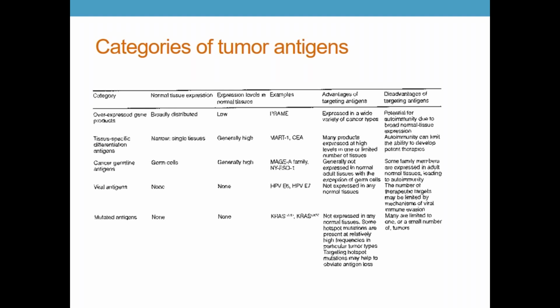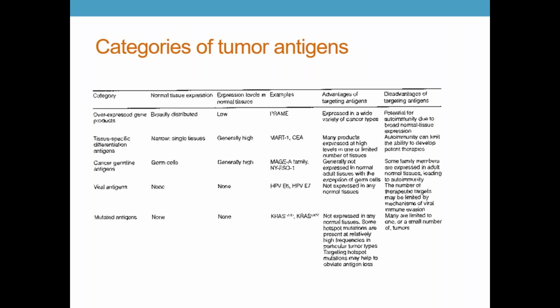You then can have cancer germline antigens. These are proteins that are presented on cancers because cancers de-differentiate. They go back to a more primitive state, and they re-express proteins that are normally only present on fetal cells. These can be high in cancer cells, and generally they are not expressed in adult tissues.